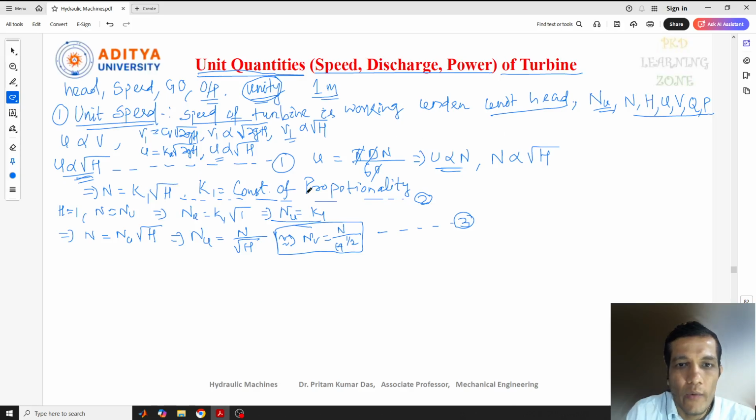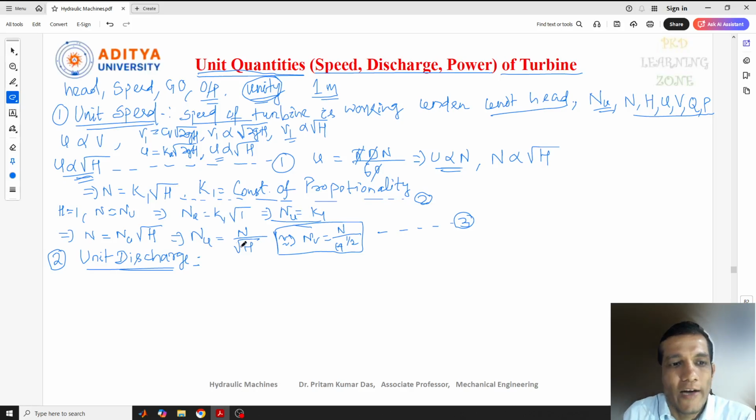In a similar way we can calculate the unit discharge also. The unit discharge is the discharge passing through a turbine which is working under a unit head.